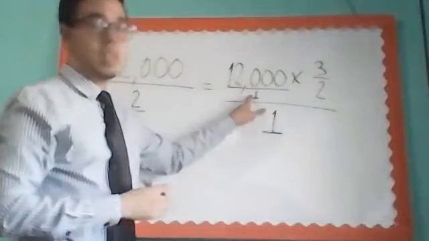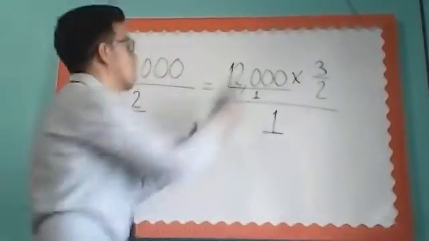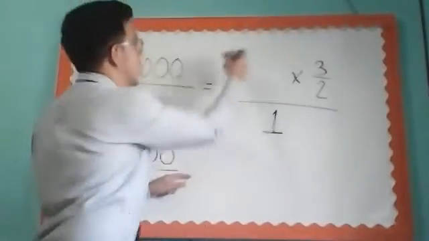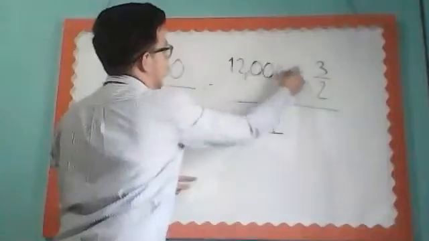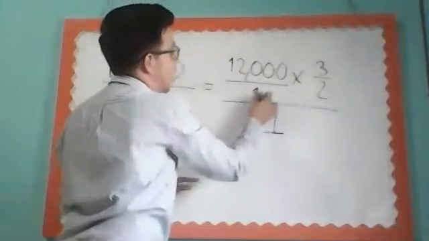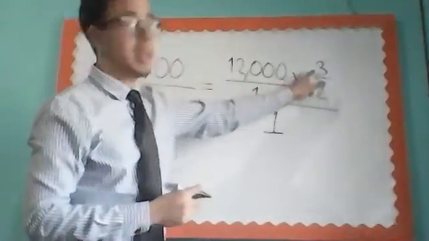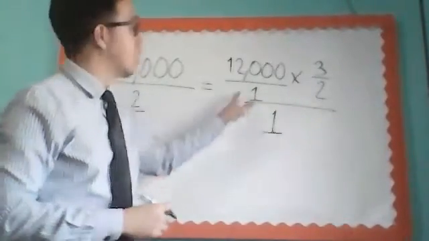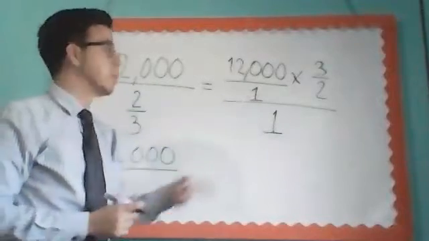You have an imaginary 1 in here to convert this into a fraction. I'm going to write it again so you can see it better. You can place 1 in here to multiply the fractions: 12,000 times 3 and 1 times 2. Remember, if I divide by 1, it's not going to affect my number.